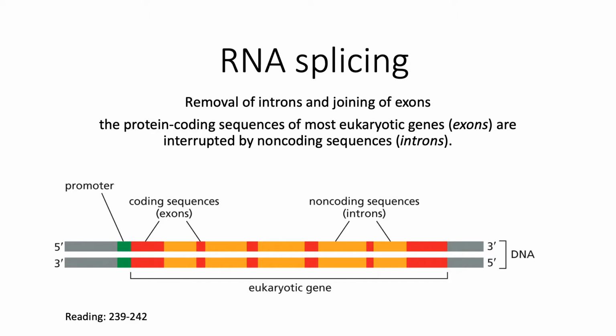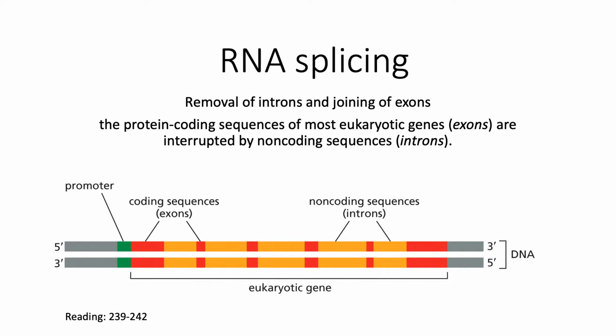So if you look at below, this is actually a gene. So it's representing the DNA, so it's double-stranded DNA. You see the promoter there, that's the promoter for the gene, and then you have the transcribed region, which is in the red and the orange. And for some reason, these things are going to make messenger RNAs to encode proteins.